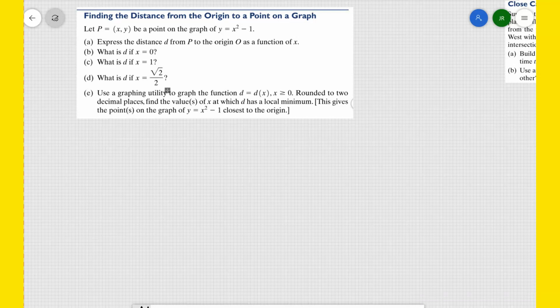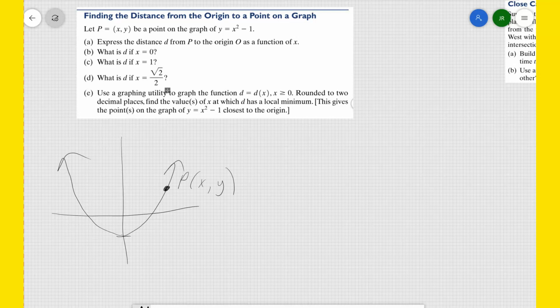Here's the parabola, x squared minus 1. That means it's shifted down 1, so it's something like this. All right, and we have a point P. P is the point (x, y) somewhere on the parabola.